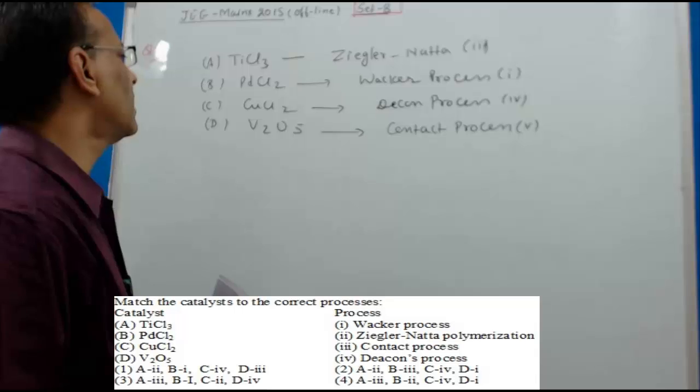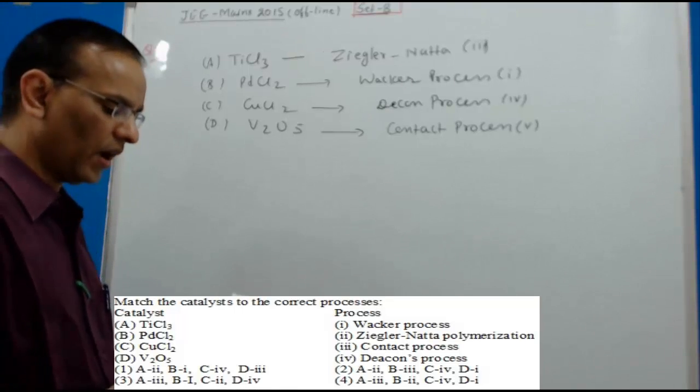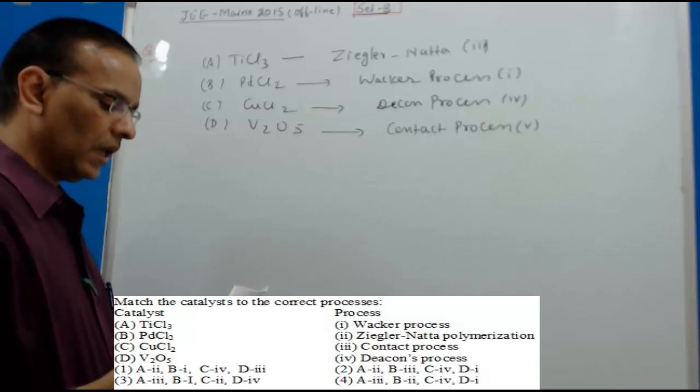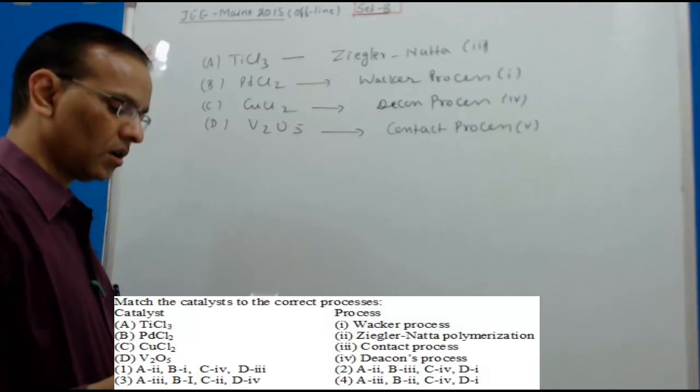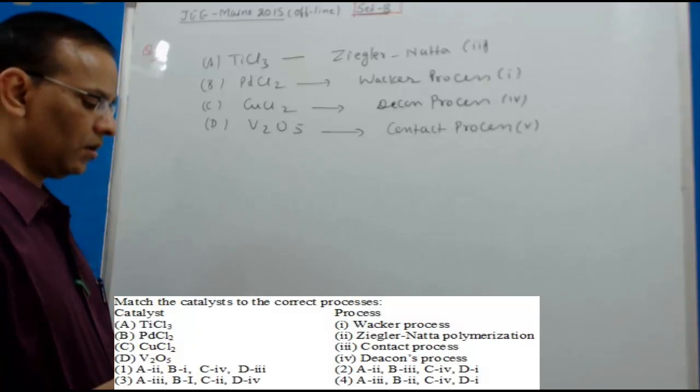So A3, B1, C4 and D5. So the answer is the third one.